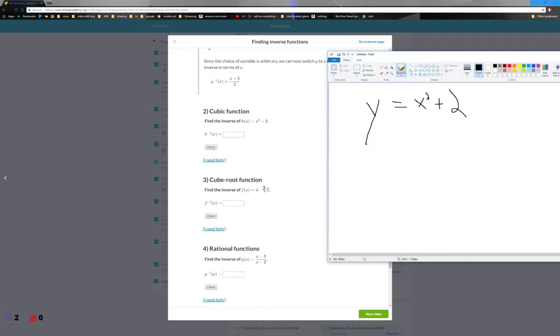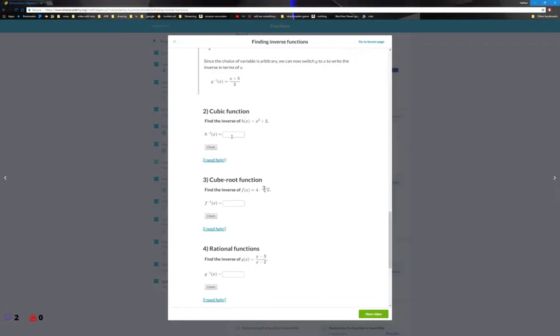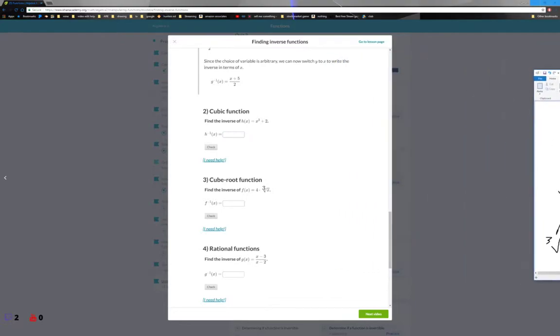And we subtract 2 from both sides. y minus 2 equals x cubed. Then we want to take the cube root. There we go. And that should be our answer.